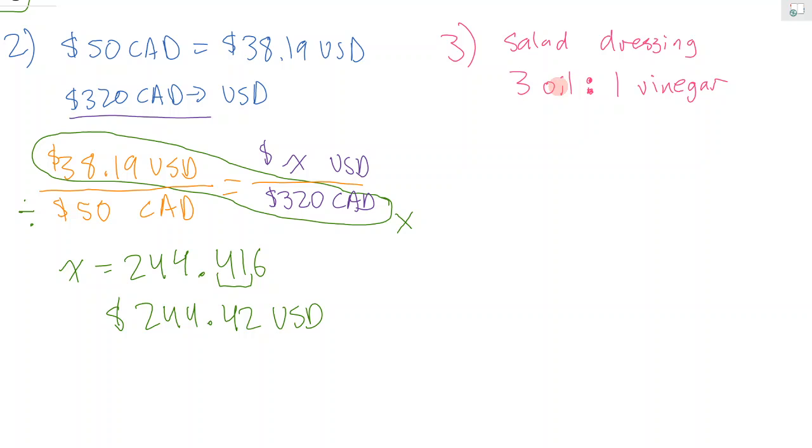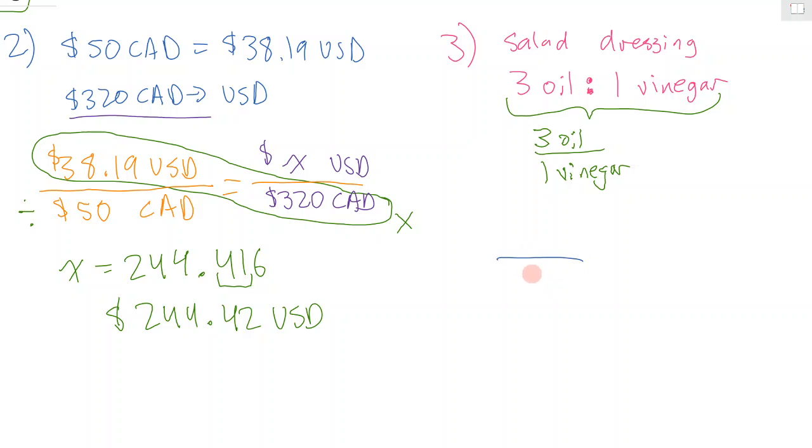So what this means is for every 3 parts oil, you have 1 part vinegar. This essentially means, just right off the top, that we have a fraction of 3 oil to 1 vinegar. And so if I told you we had 50 milliliters of vinegar, how much oil? Well, we could just set that up quickly and solve.